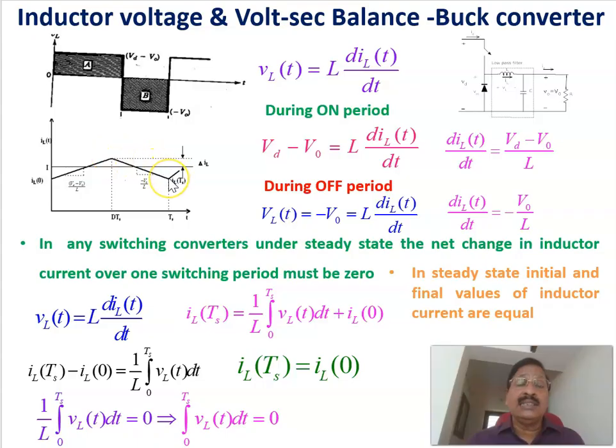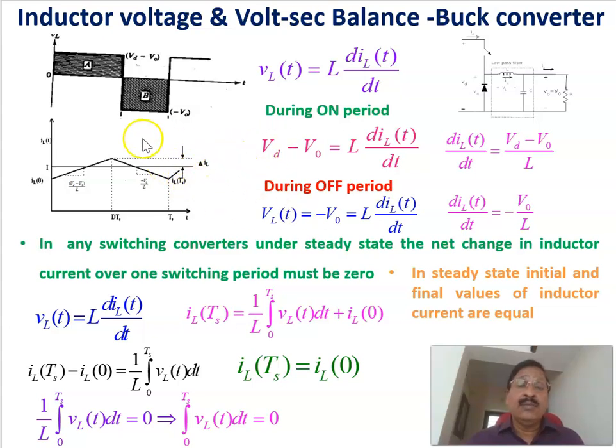This is the total time period Ts, this is the on period and this is the off period. Once it reaches time Ts, it is the same as the current IL at 0, and then this repeats.